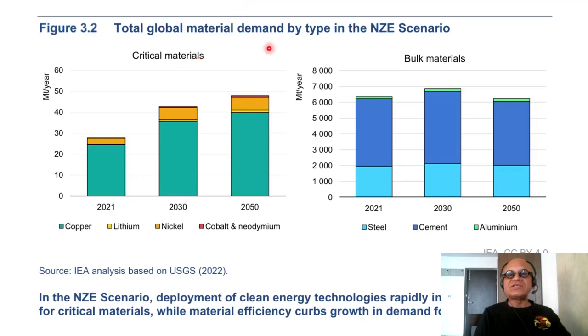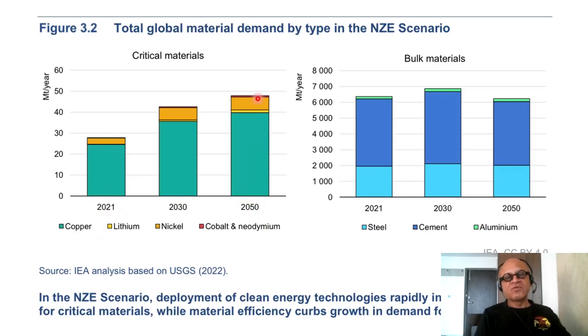Total global material demand by type in the net zero emission scenarios. Critical materials here in terms of copper, lithium, nickel, cobalt, and neodymium. 2021, 2030, and 2050. Obviously, copper is a huge part of it, but lithium and nickel.